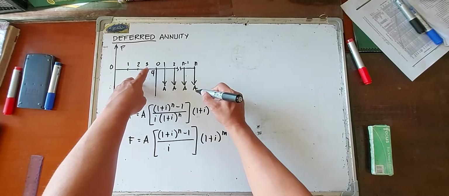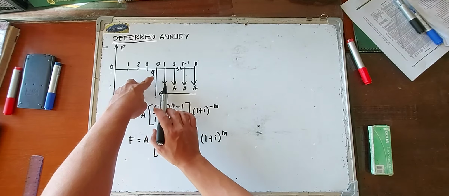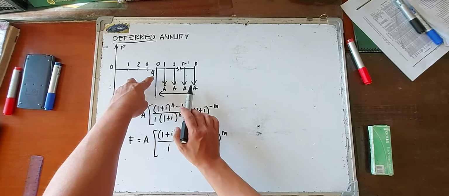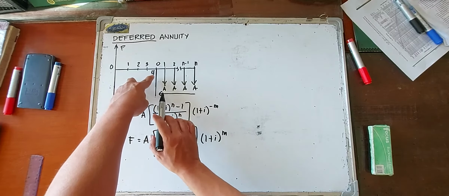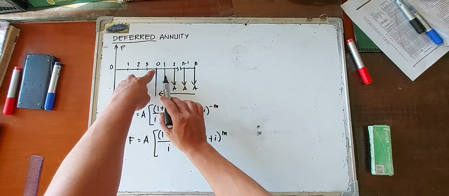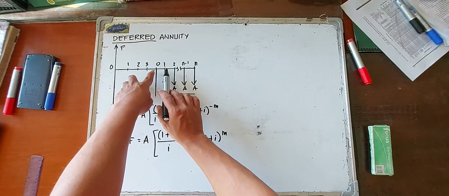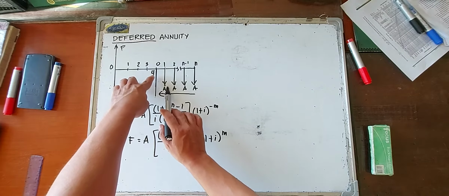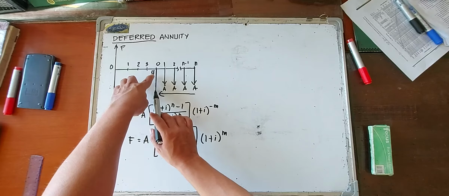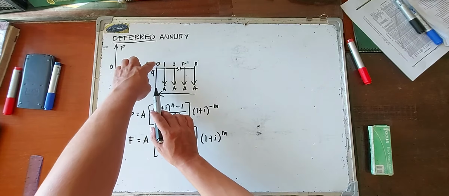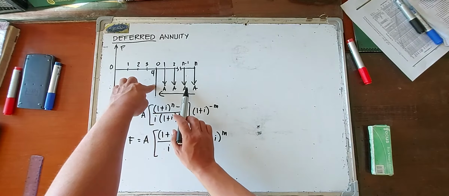Ang gagawin natin, isolve natin yung value of each payment or deposit. So transfer natin, solve natin yung value niya from the first year, papunta dito sa 4th year. This will be the first year of payment, and then i-solve natin yung value niya dito. So let us set this to be 0, and then itong year 2 papunta dito, and so on, no?